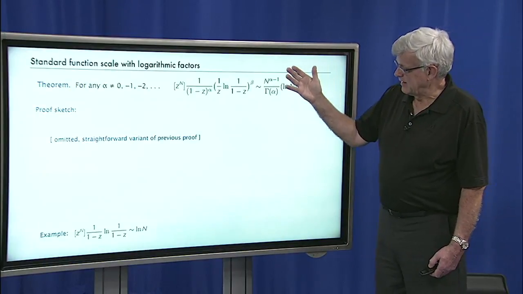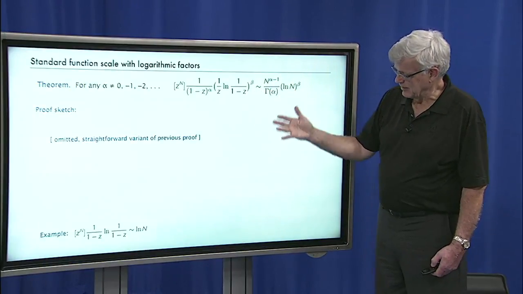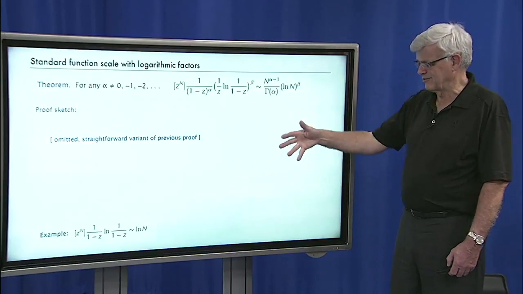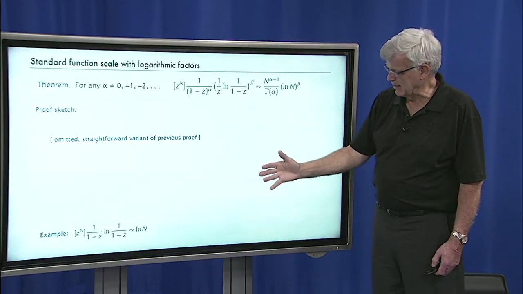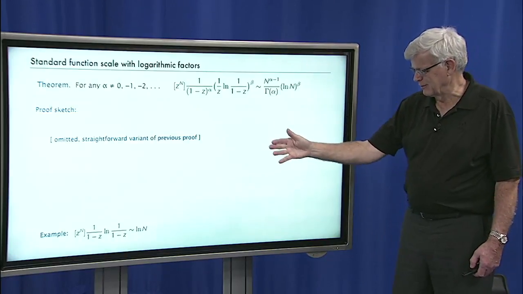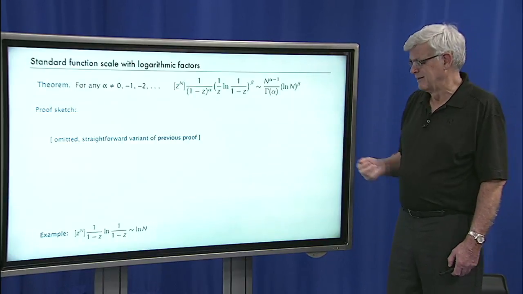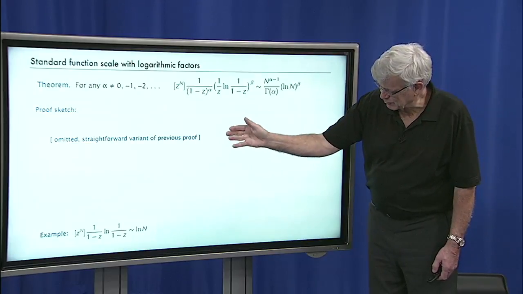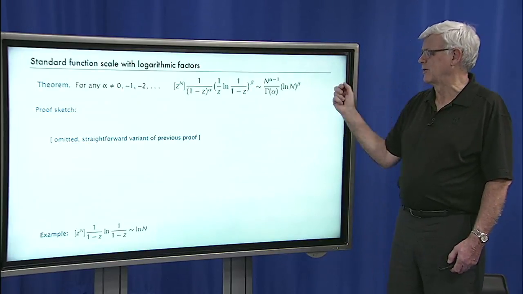And again, knowing this theorem, say in the very first lecture for analysis of algorithms, when we analyze quicksort, we can immediately get 1 over 1 minus z log 1 over 1 minus z gives log n. Or 1 over (1 - z) squared log 1 over 1 minus z gives n log n.